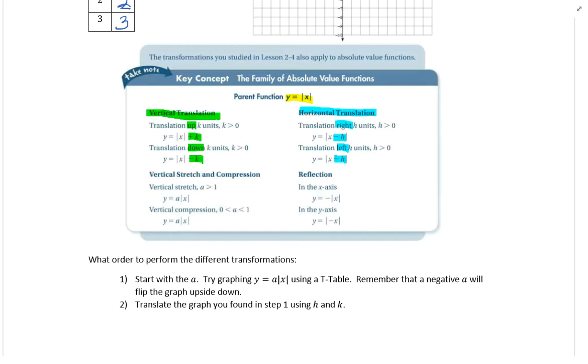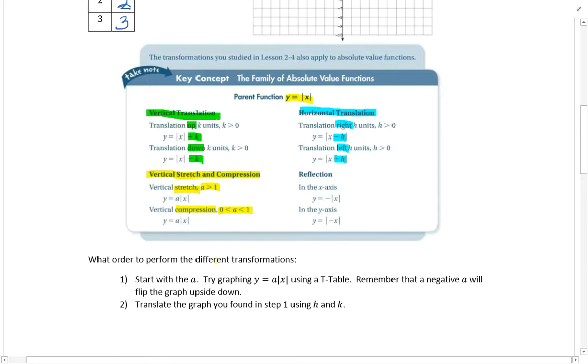All right, what's next? Well, then we have a. The a is the vertical stretches and compressions, and that is going to be a stretch if a is greater than 1, and it's going to be a compression if a is a number between 0 and 1.